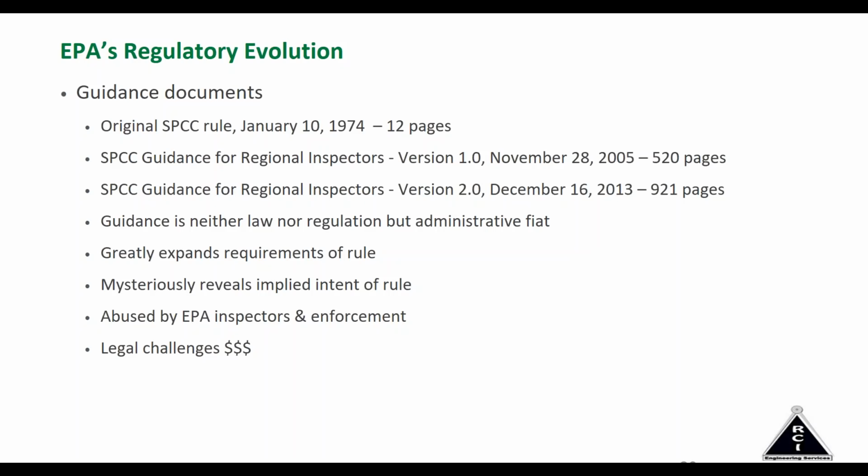The first one was 520 pages, and it told the inspectors how to enforce the law, basically. In 2013, they revised that guidance document, and now it's 921 pages long.